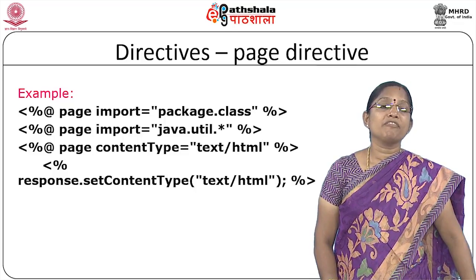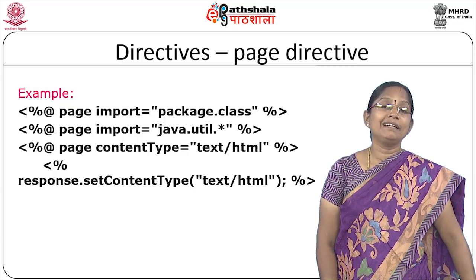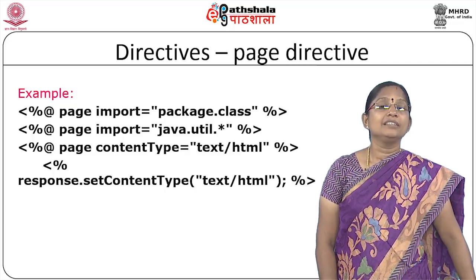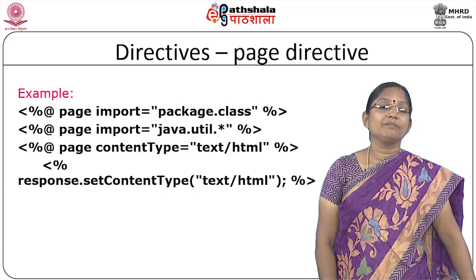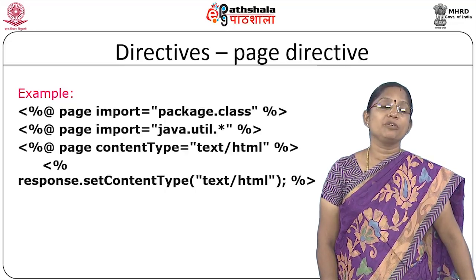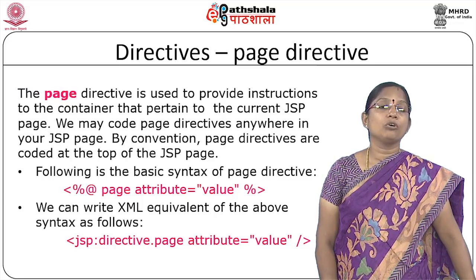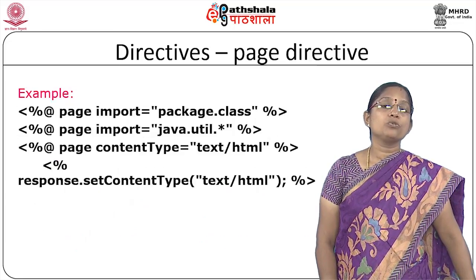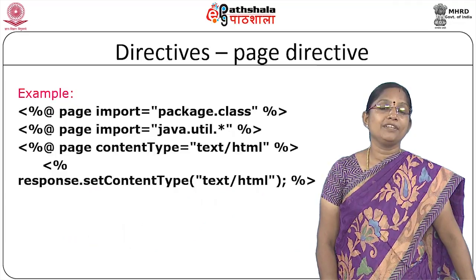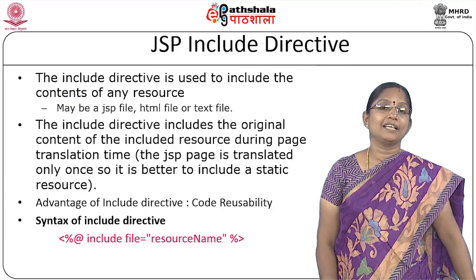The second type of page directive attribute is content type, which says which type of content the particular web file is going to follow, whether it is text or HTML. Likewise, many attributes are followed for a page directive. So, 2 of the attributes have been explained here, that is import and content type.